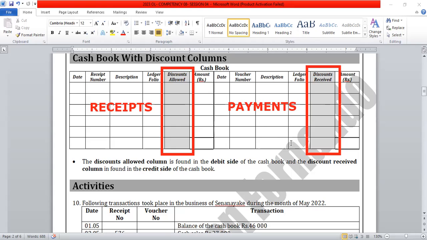Right. Before that, I wanted to highlight. The discount allowed column is found in the debit side, and the discount received column is found in the credit side. Highlight it.